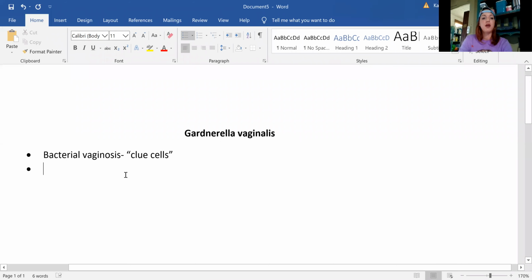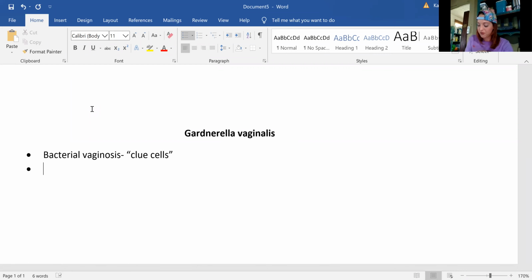Okie doke. So we got our bacterial vaginosis. What are our characteristics? It's pleomorphic, gram variable coccobacillus. It has short rods, and they often stain gram negative.